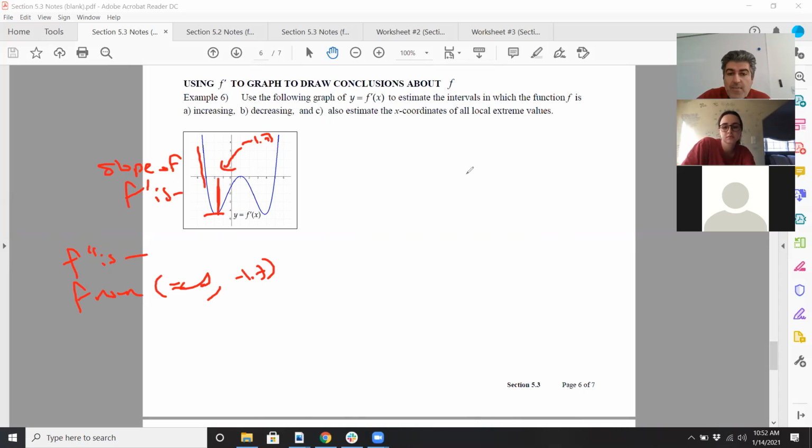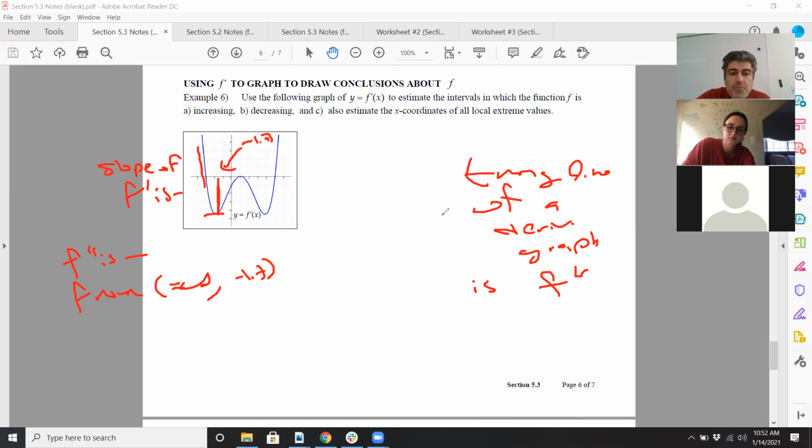The tangent line of a derivative graph, and I'm going to spend a lot of time scaffolding and spiraling this into future lessons. The tangent line of a derivative graph is F prime, sorry, F double prime.